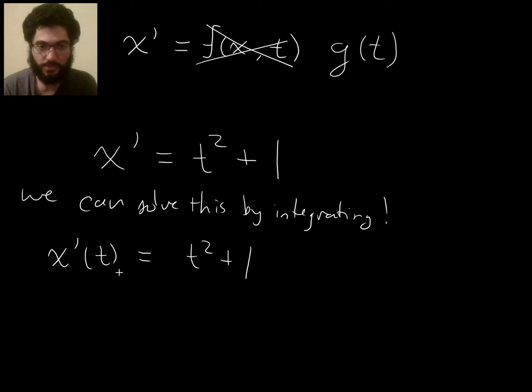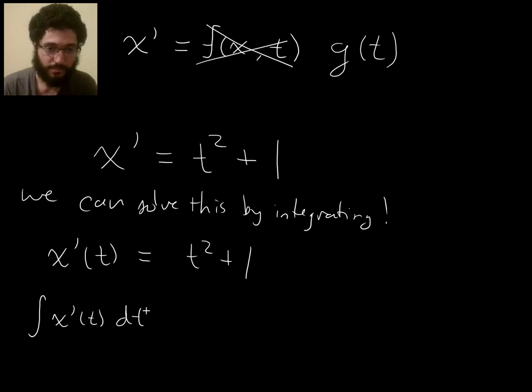So all I need to do to find a solution is find something whose derivative is t squared plus 1. Finding something whose derivative is a certain thing is called anti-differentiating, which you may have learned in calculus can be done by integrating. So what we're doing is integrating both sides.